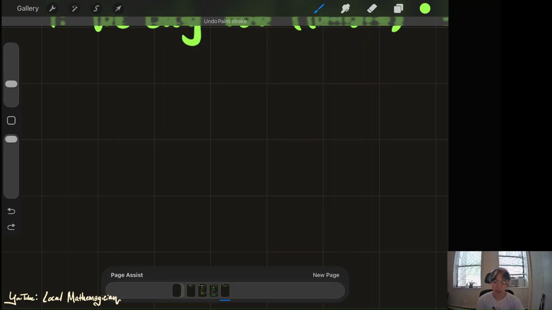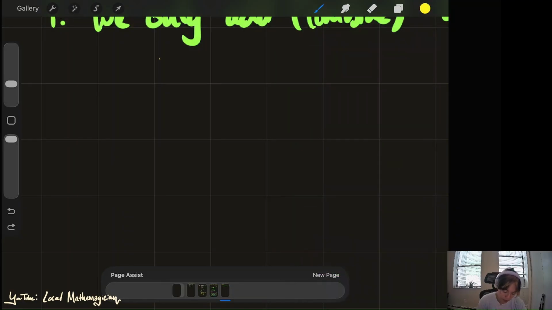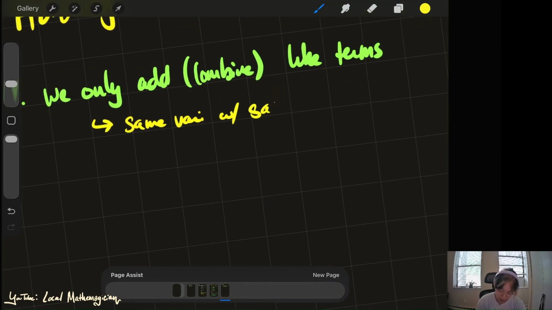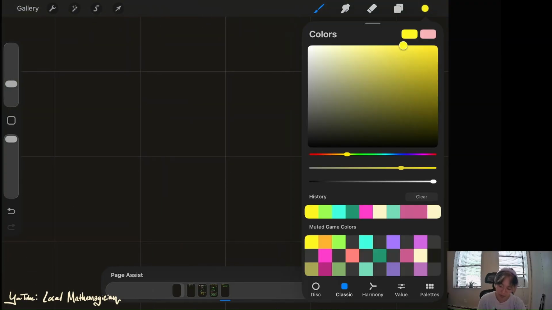Like terms include the same variable with the same degree. Okay, let's do an example.